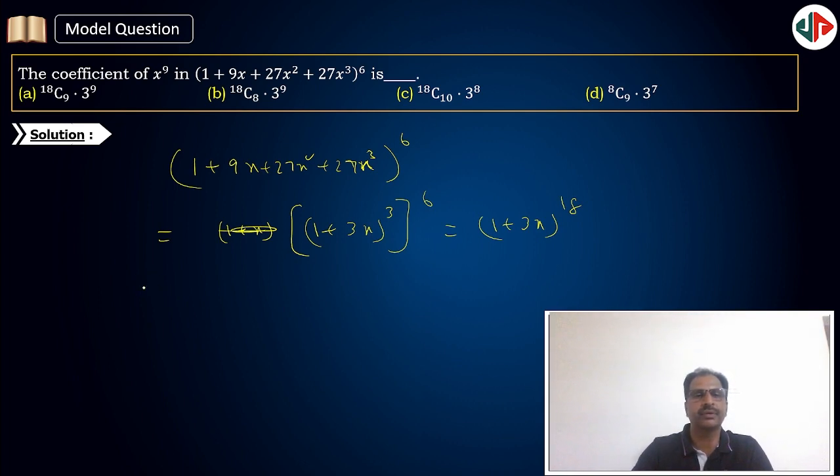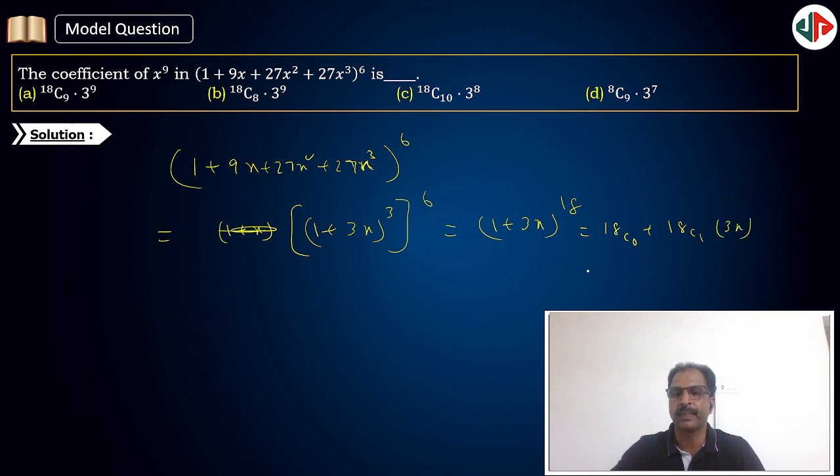Now the question is the coefficient of x power 9 in this. What is the expansion of 1 plus 3x whole power 18? 18c0 plus 18c1 into 3x, 18c2 into 3x whole square, plus so on, 18c9 3x whole power 9, plus so on, 18c18 3x whole power 18.